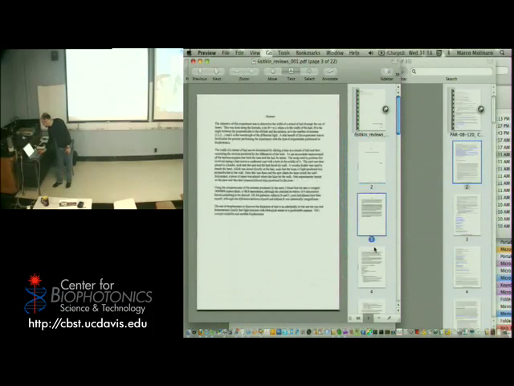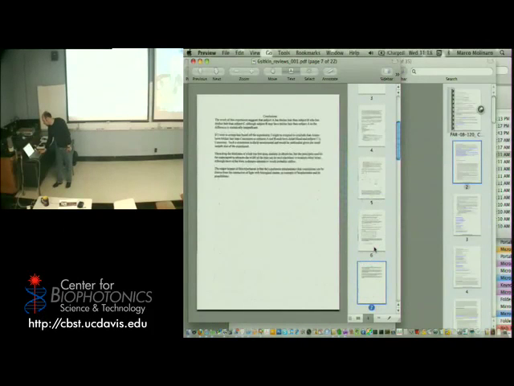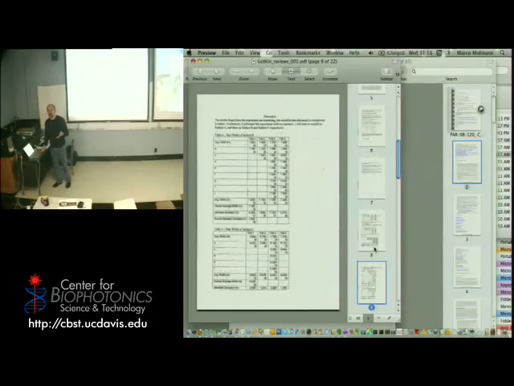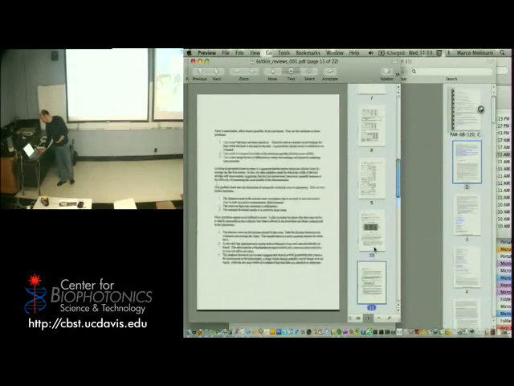There was their abstract of one of the labs, the introduction, the setup, a table, and conclusion. And then this person also had a whole bunch of tables of numbers. This was overkill. It was way too many. You don't need to have this many. And that was the graph they did.